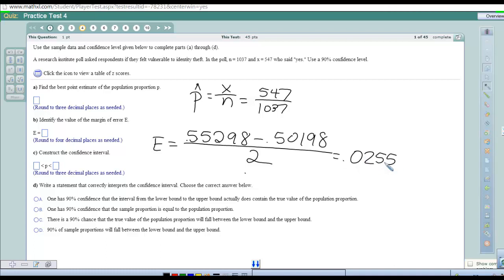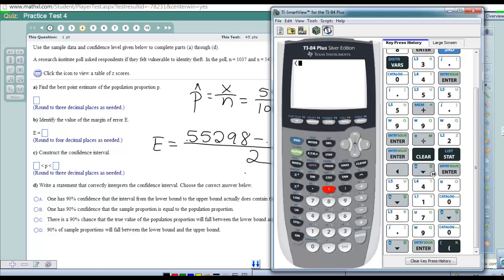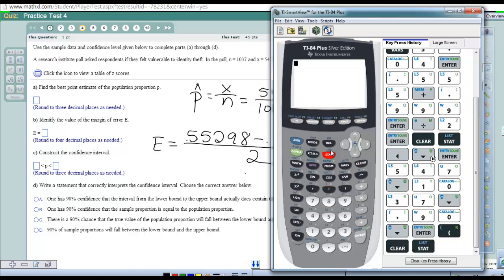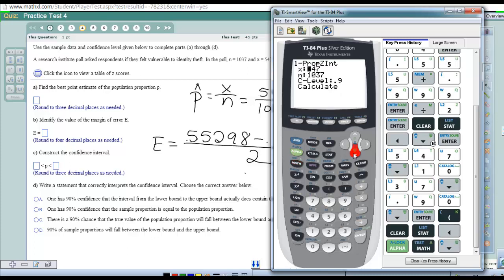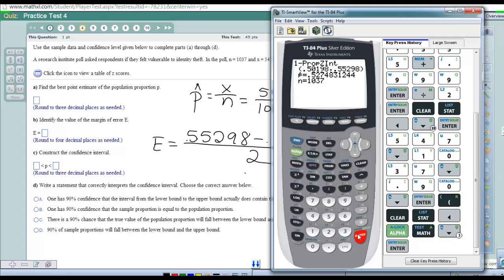So that gives me the margin of error. We already found the confidence interval, which was from 0.5098 to 0.55298.